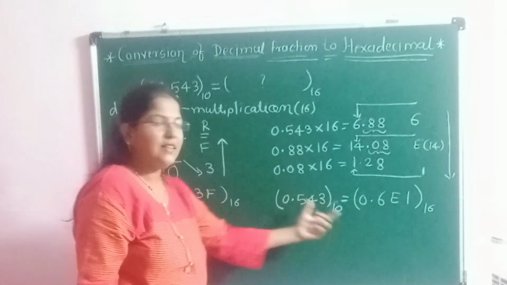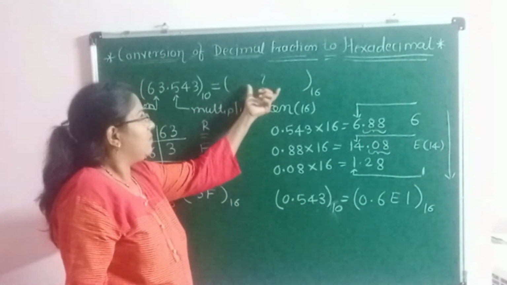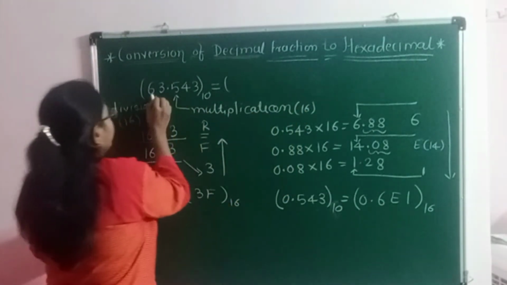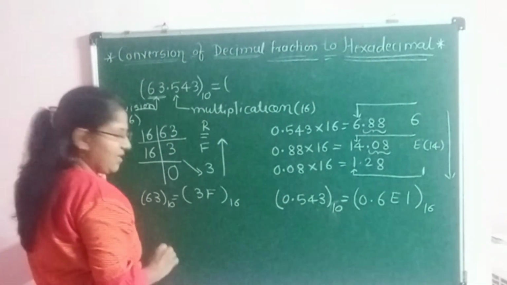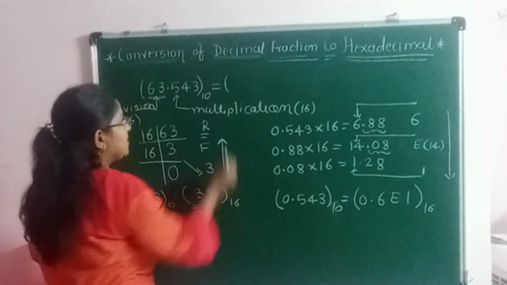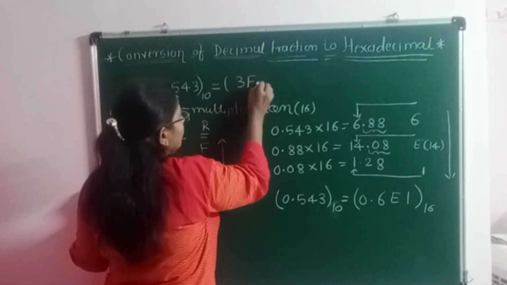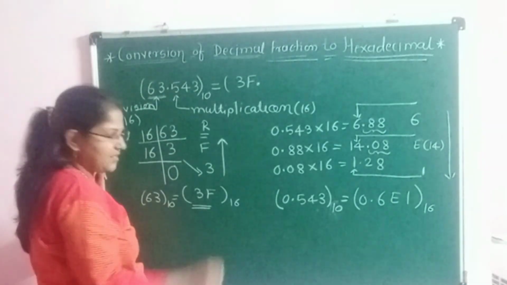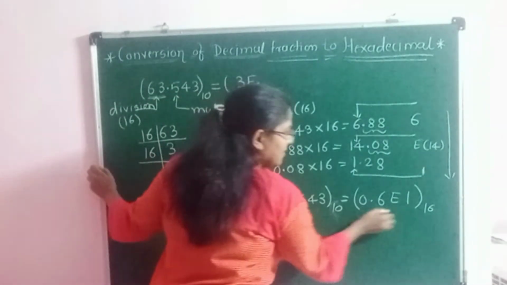Now I have to combine these two here. How to combine? Decimal 63, what is its equivalent hexadecimal? 3F, point. Okay. 0.543, what is its equivalent hexadecimal? 6E1.